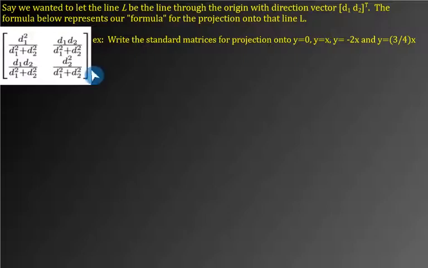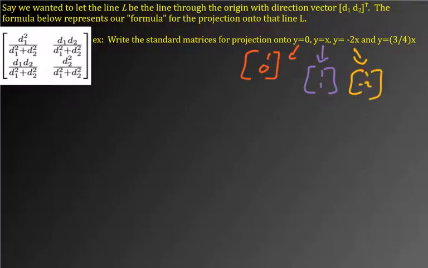You could take lines like y equals 0, which would be the vector 1, 0. Y equals x would be the vector 1, 1. Y equals 2x would be the vector 1, 2. And lastly, y equals 3/4 x you could write as 4, 3.